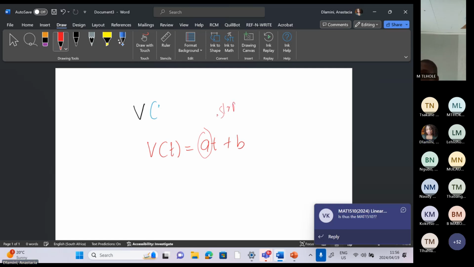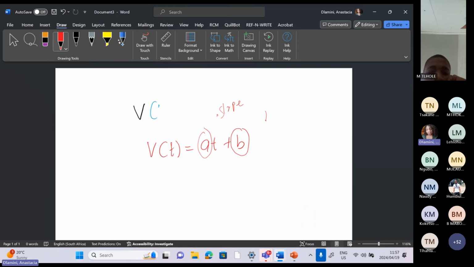And we know b is the y-intercept. Now let's assume we're sketching, so let's find the slope. We take it from the equation. We know it's a, that's the slope. Now, we know b is the y-intercept.